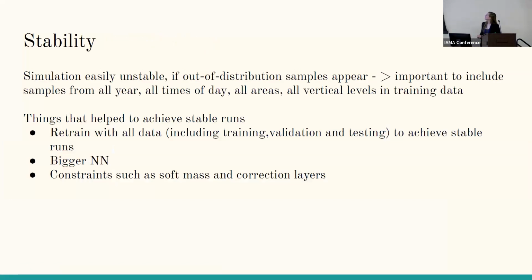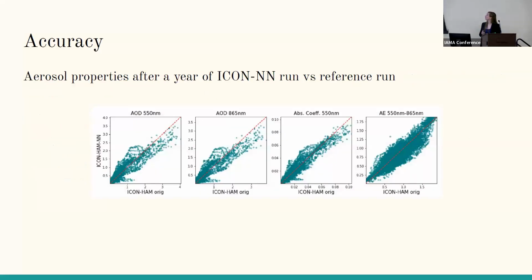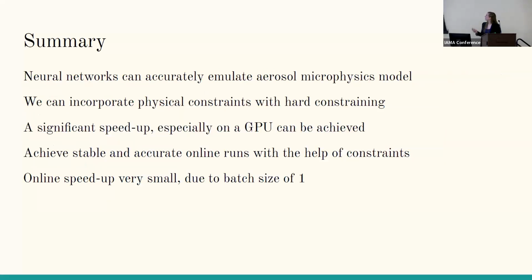In ICON, we had some stability issues that mostly happen when encountering out-of-distribution samples, but with bigger layers and the constraining, we achieved a stable run. Here are some offline results for AOD, absorption coefficient and Angstrom exponent.